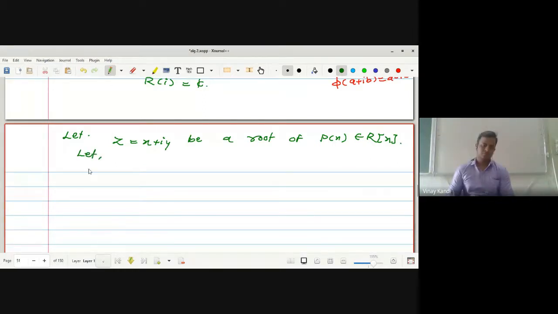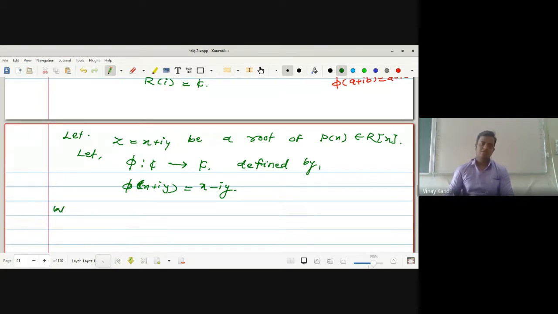Let phi be the mapping from set of complex number to set of complex number defined by phi of x plus iy is equal to x minus iy.